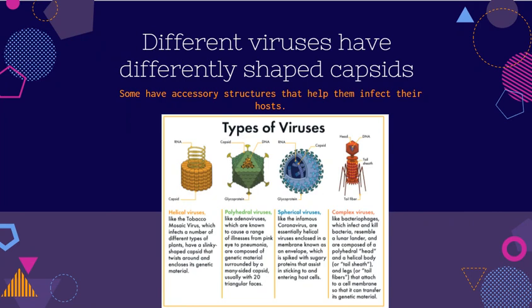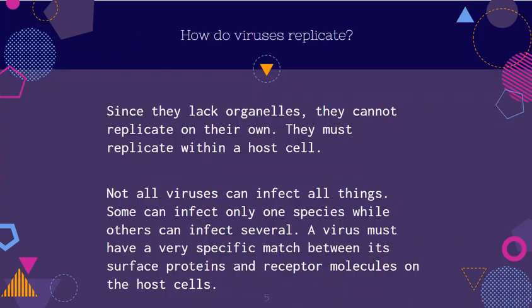Kind of like the dice in Categories or something, if you've ever played that. Spherical, these are going to be in a sphere, obviously. And then these ones are called phages. And they kind of look like a weird little spider or something, right? These are just some of the shapes, maybe not all of them, but most of the viruses that you'll be researching might fall into one of these shapes. So good to have seen them at least once, okay?